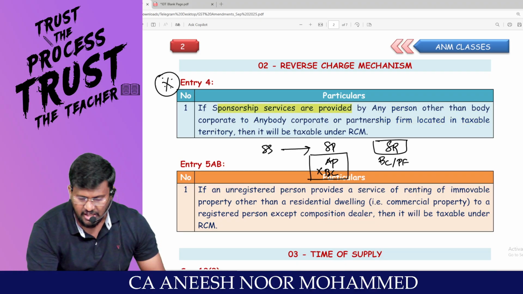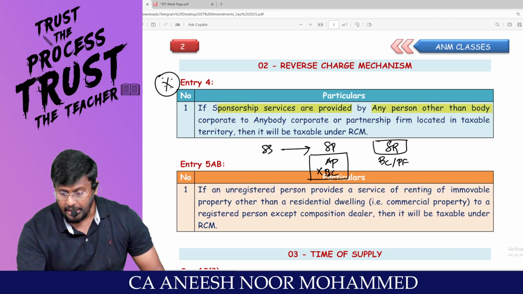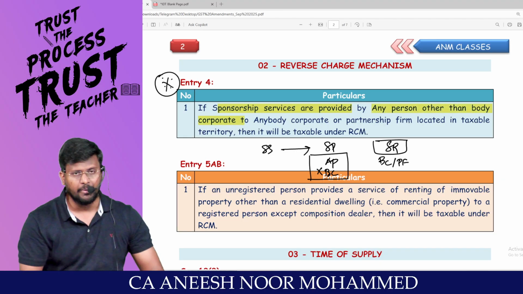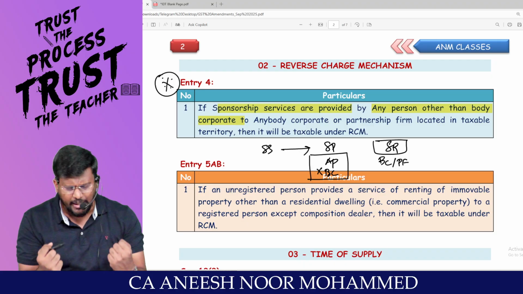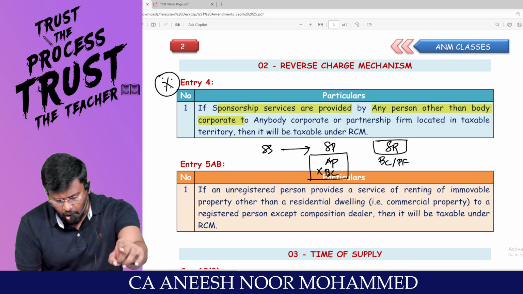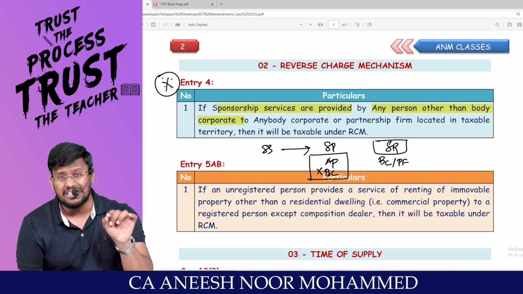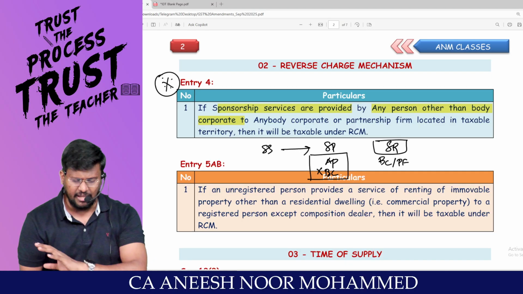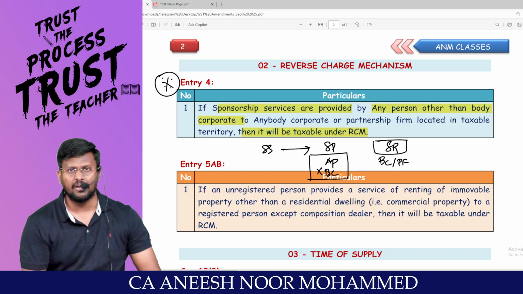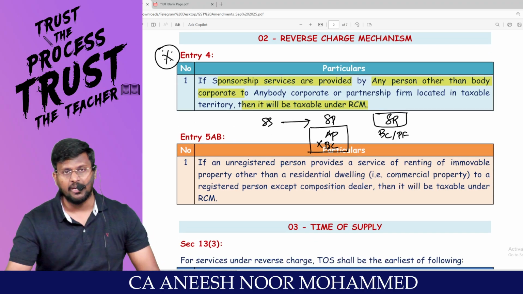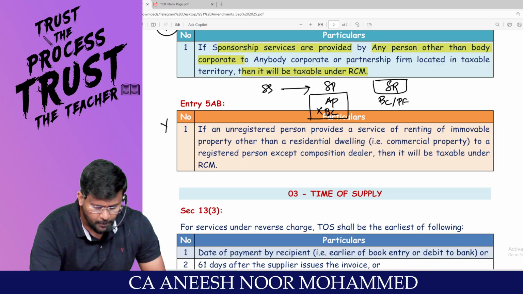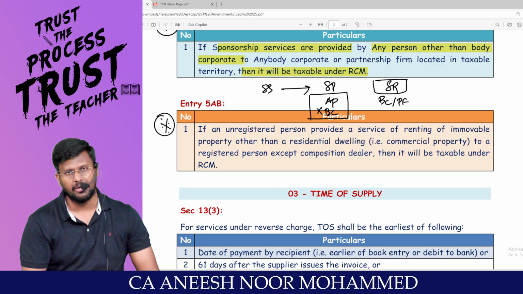If sponsorship services are provided by any person other than a body corporate, that means the service provider is weak, to any body corporate or partnership firm, that means the recipient is strong, located in the taxable territory, then it will be taxable under RCM. An expected question, my dear lovable students. One more expected question is there for the September exam.